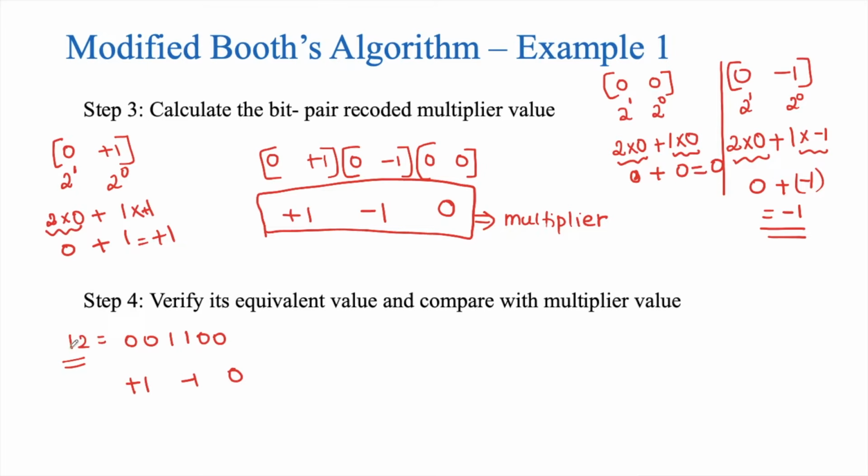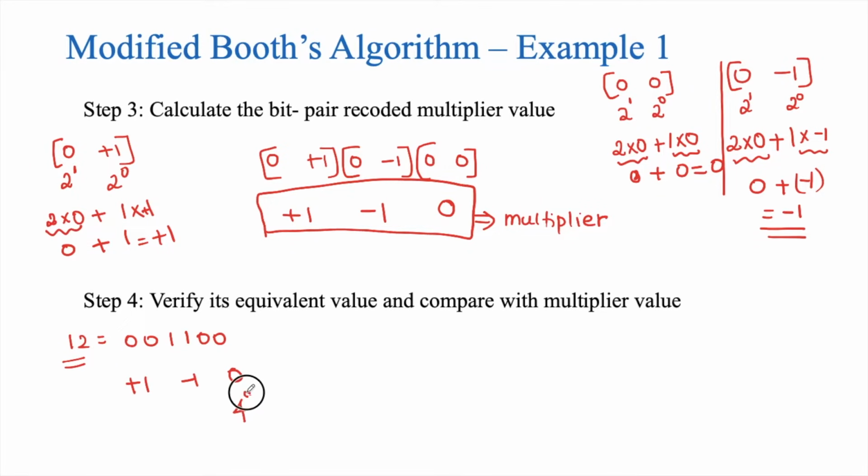How will we calculate the binary equivalent of 12? We generally write 2 power 0, 2 power 1, 2 power 2 and add everything and see whether it is 12 or not. But here we have clubbed two values together and finally recoded this multiplier. Right now this weightage will be equal to 4 and not 2.